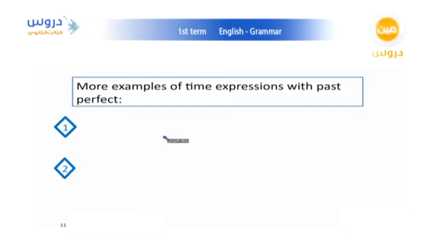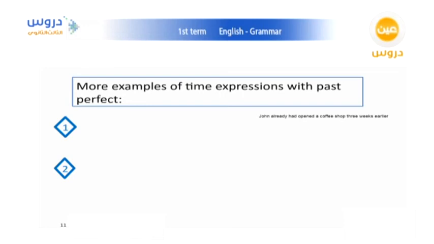More examples of time expressions with the past perfect. I can say, for example, John already had opened a coffee shop like 5 or let's say 3 weeks earlier.